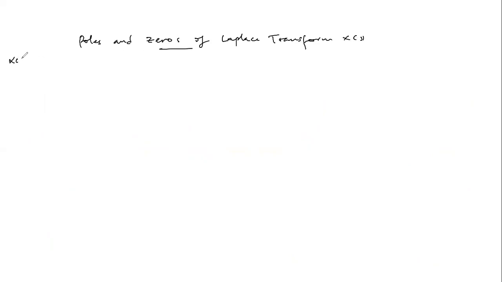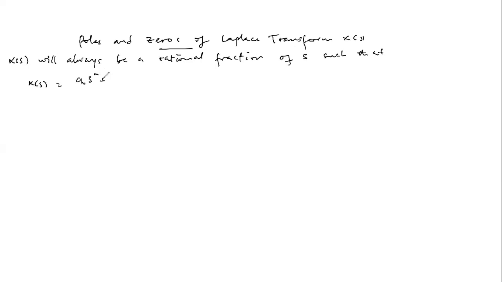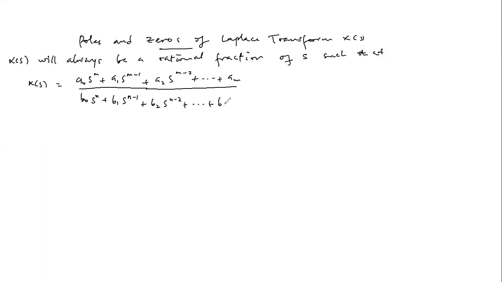So S of s will always be a rational fraction in s, such that S of s is the same as A0 s to the M plus A1 s to the M minus 1, plus A2 s to the M minus 2, plus all the way to plus AM, divided by B0 s to the N, plus B1 s to the N minus 1, plus B2 s to the N minus 2, plus all the way to plus Bn.